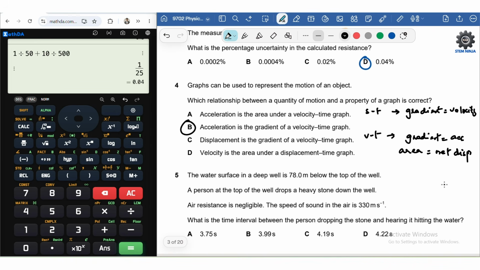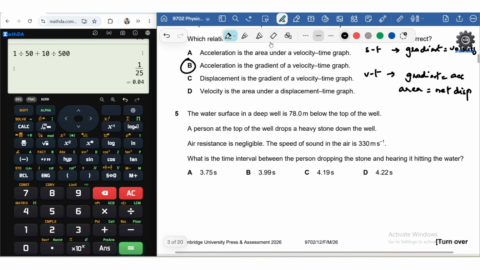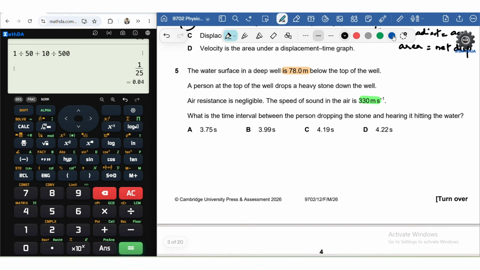B is correct. The water surface in a deep well is 78 meters below the top of the well. The person at the top of the well drops a heavy stone down the well. Air resistance is negligible. The speed of sound in air is 330 meters per second. What is the time interval between the person dropping the stone and hearing it hit the water? First, we need to find the time it takes for the stone to reach the water.